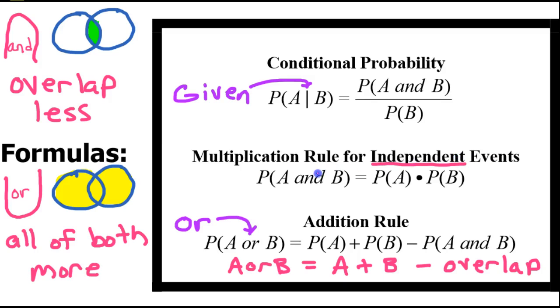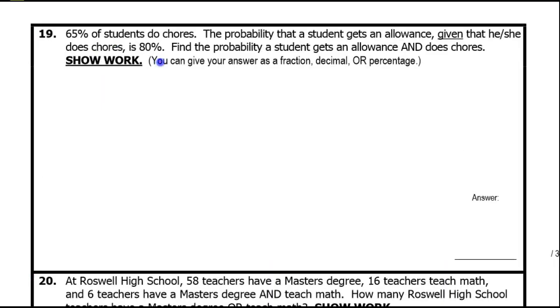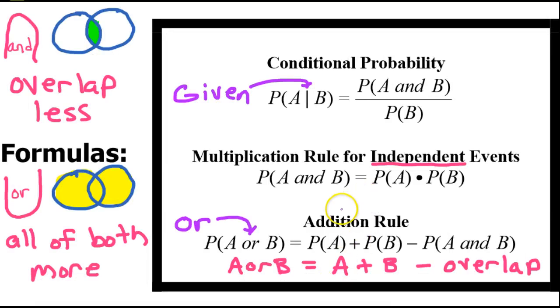So if they go out of their way to tell us that we have independent events, then we're going to probably wind up using this formula. But start by looking for given or the word or. Okay, so scanning through this, oh, they even highlighted it for us. Given that he or she does chores. So that tells me that we're going to end up using this first formula right here.